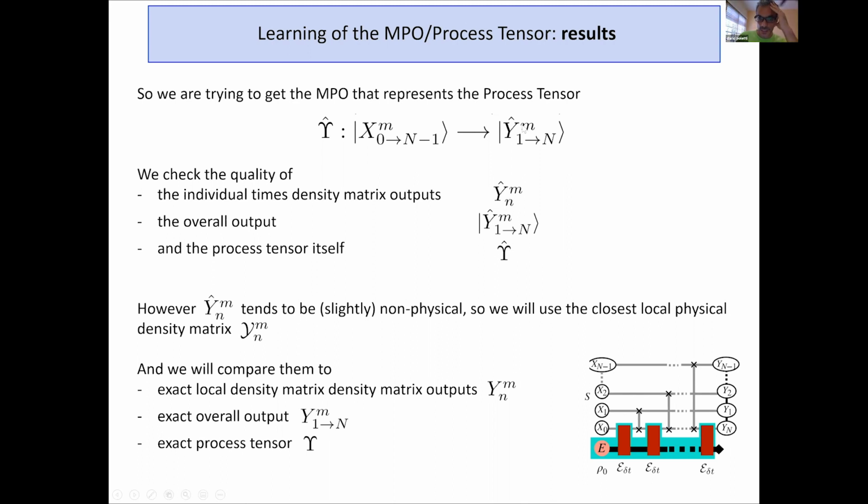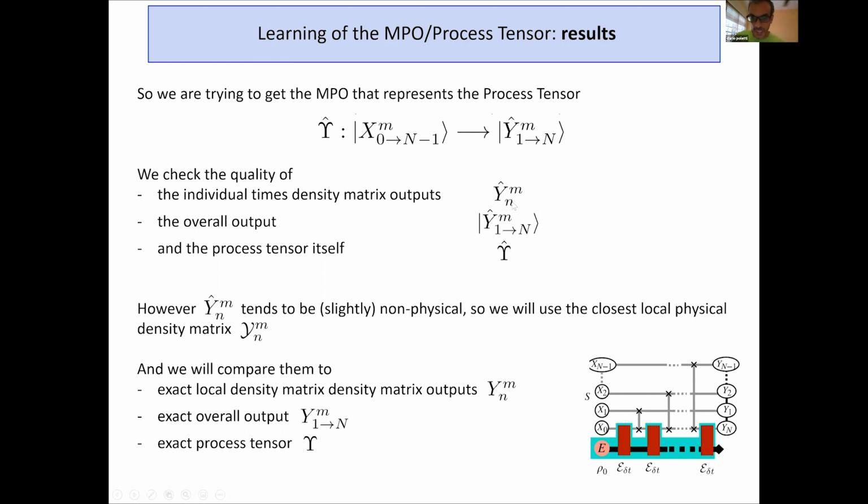The top index indicates which realization of our circuit this is, so for which realization of inputs we are considering. And the bottom index, here small n, indicates the time at which the measurement step that we are looking at. Okay, so when we have 1 to n, it means we're considering all the different measurement steps together.